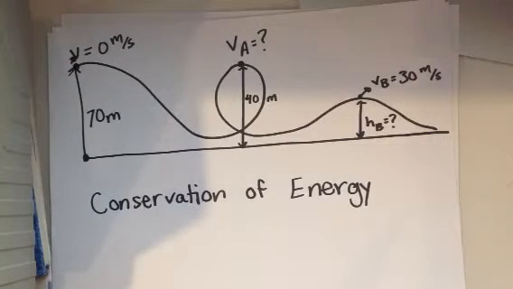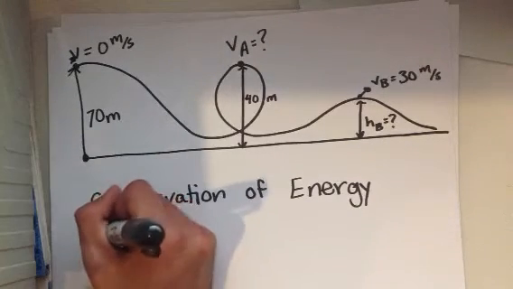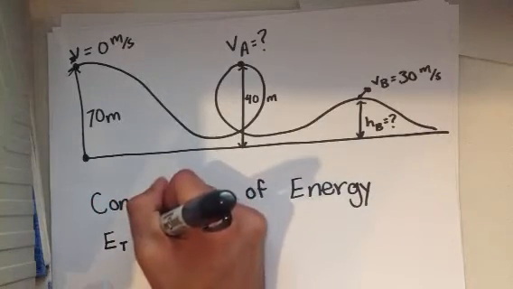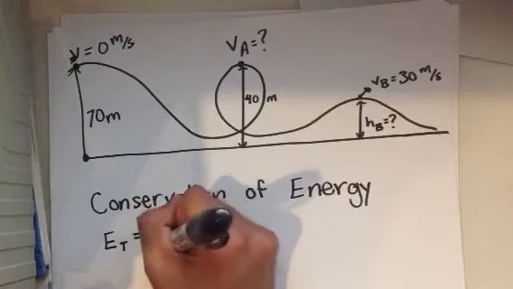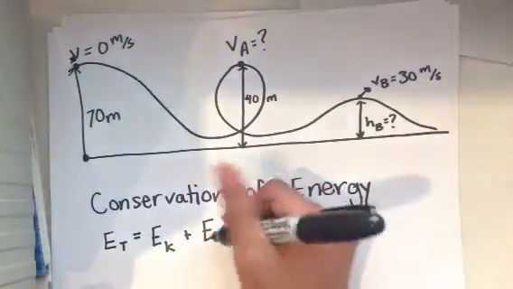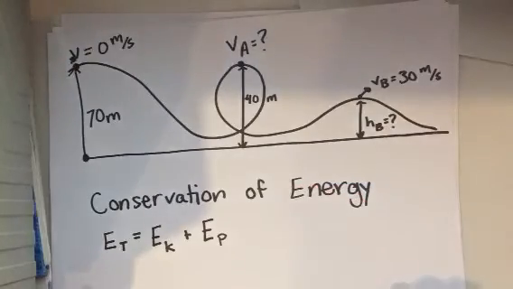And for this, we're going to be using conservation of energy, and what that states is that the total energy of a system is equal to the kinetic energy of that system plus the potential energy of that system.